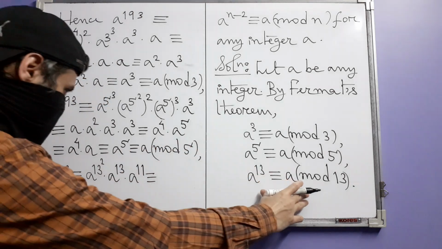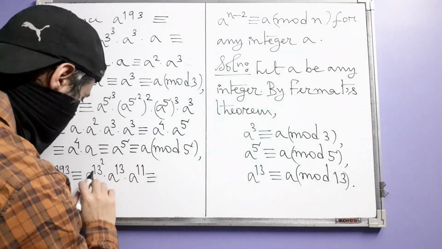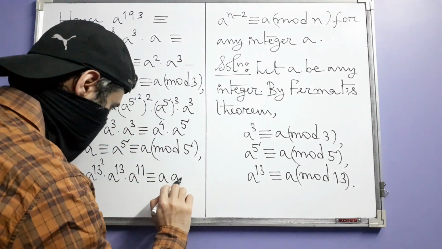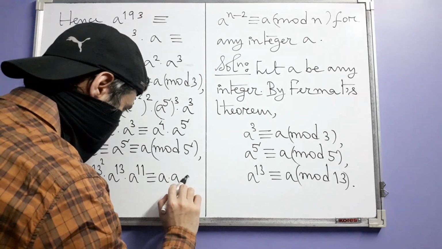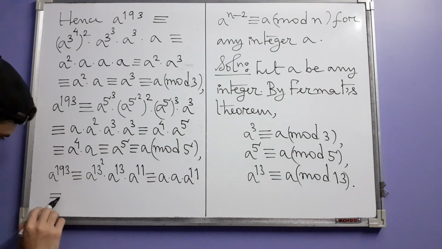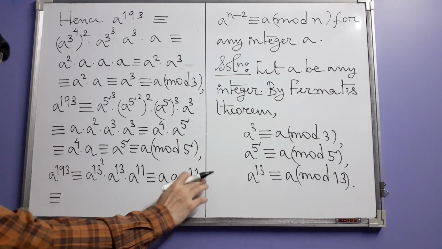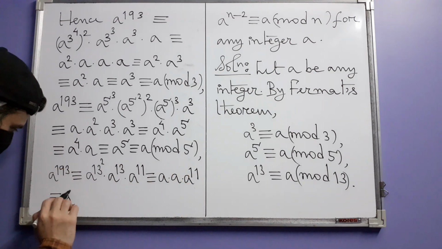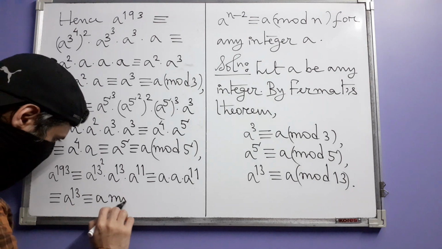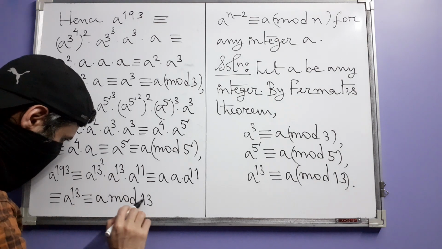So, using this congruence repeatedly, this one becomes a, this one also becomes a, this one is a to the power 11. So, 11, 12, 13, which is again congruent to a modulo 13.